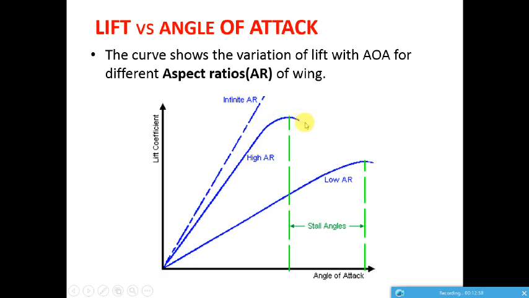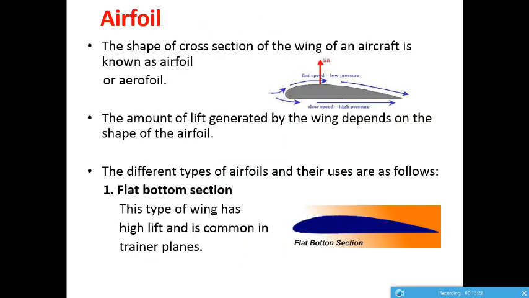So the angle of attack can be increased only to a certain limit in order to increase the lift, and later the lift suddenly drops. It is very essential for a beginner or a designer to maintain a proper angle of attack in order to have the maximum performance of the wing.